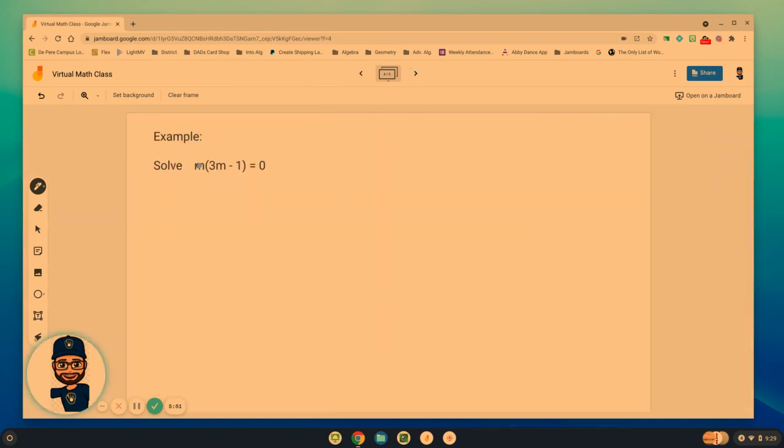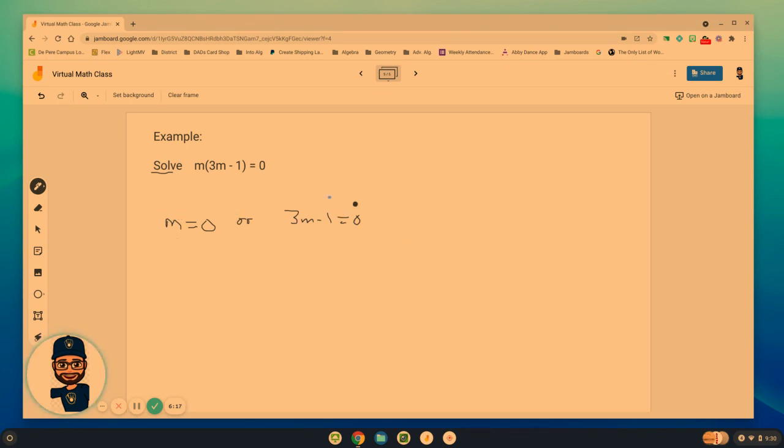Now I have m out front times 3m minus 1 equals 0, and we're trying to solve. So one factor is this m. I can say m equals 0, because that's the only thing there. Or we can set that second parenthesis, 3m minus 1, equal to 0. Notice there's nothing more for us to do here. m equals 0, so we're done.